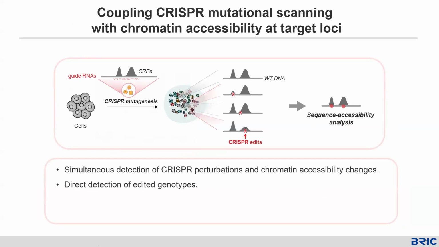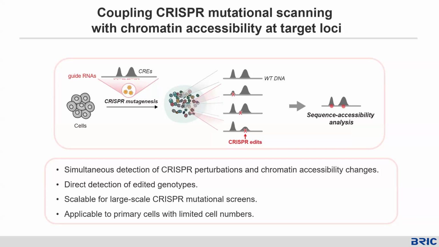Second, instead of simply reading the guide RNA sequences, we want to directly detect the resulting edited genotypes. Third, the method should be scalable for large-scale CRISPR mutational screens, which are capable of profiling hundreds of genotypes in a high-throughput manner. Finally, the approach should be applicable to primary cells, which often have limited cell numbers.